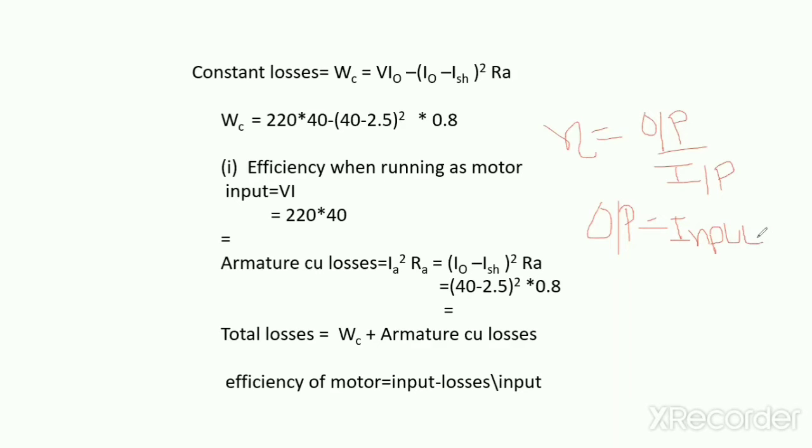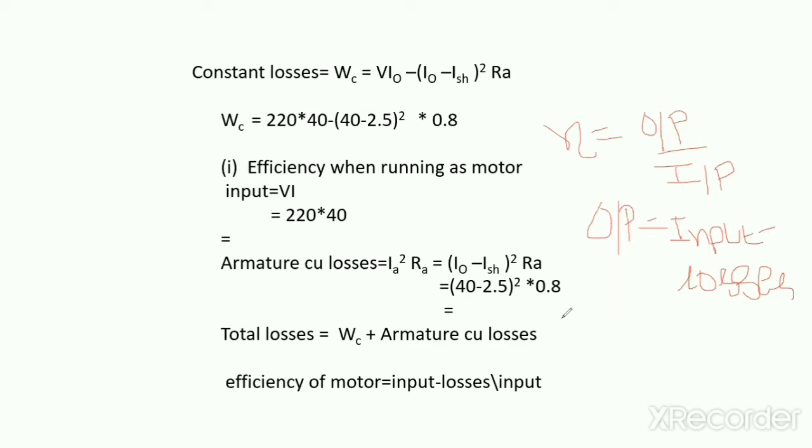Therefore output is equal to input minus losses. What are the losses? We are having mainly two types of losses.